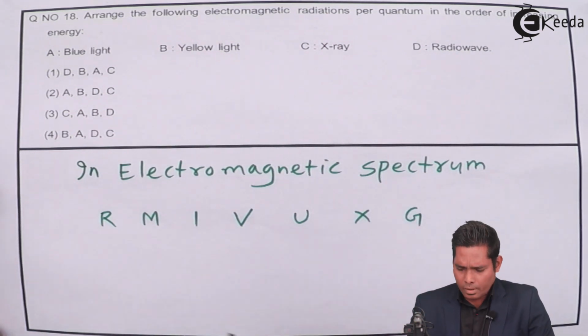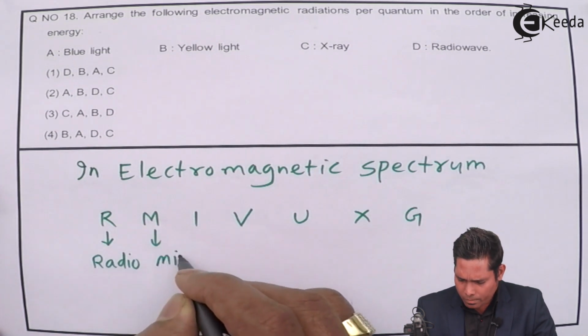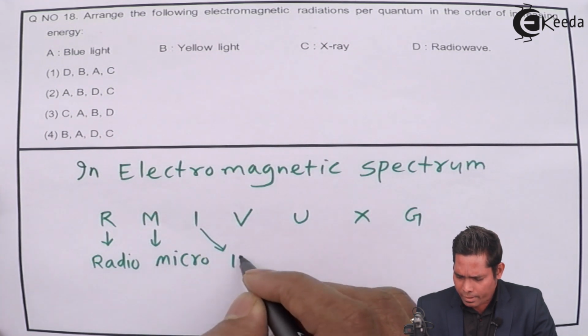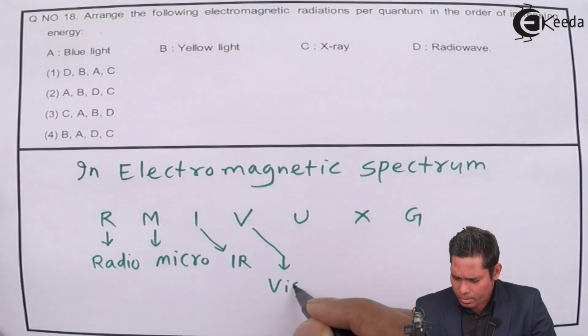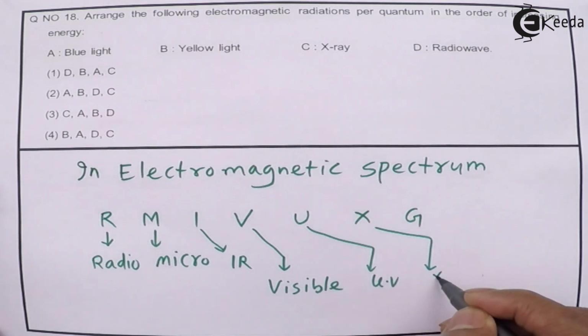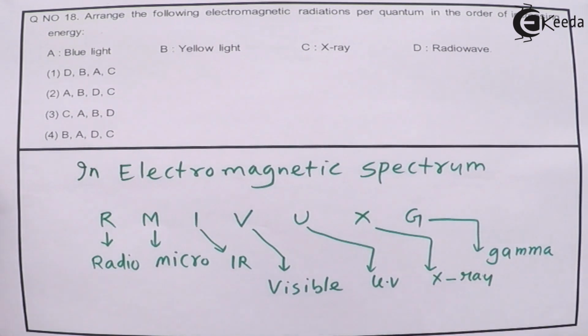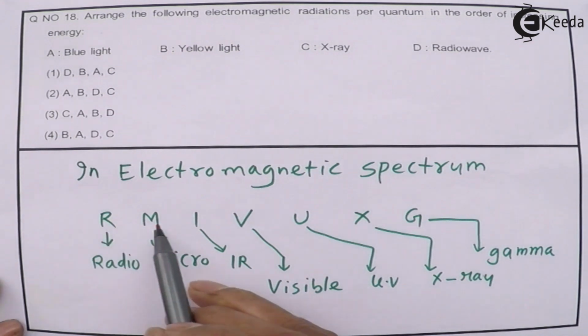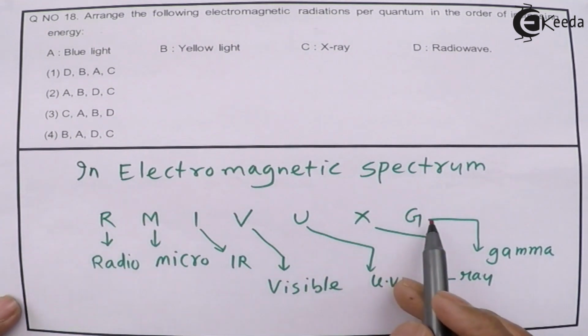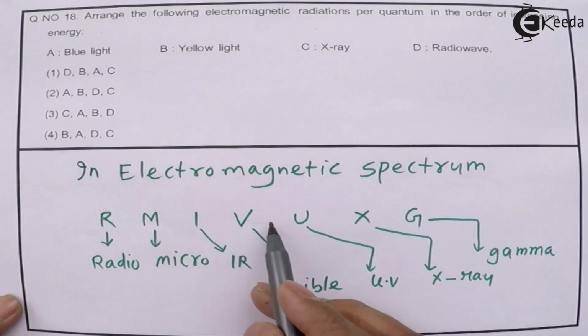R stands for radio waves, micro, infrared, visible, ultraviolet, X-ray and gamma rays. Then you can make a sentence to remember this: red man in violet uniform with hexagon.